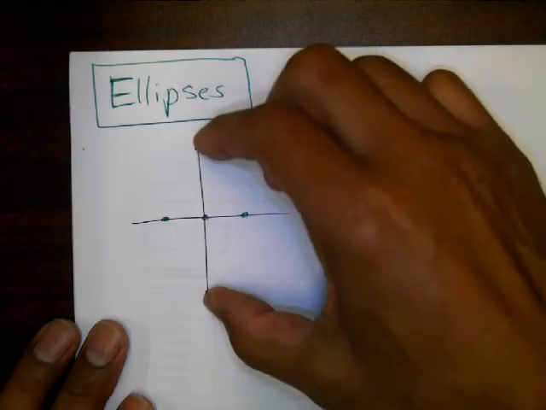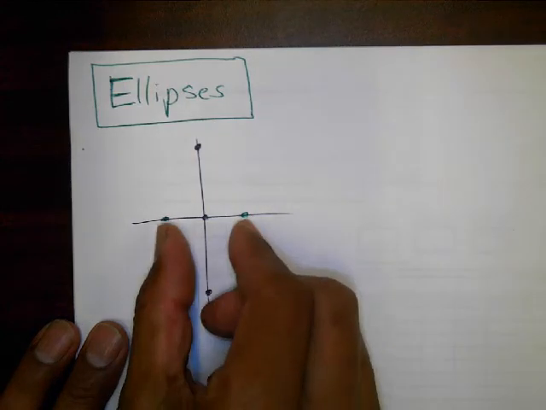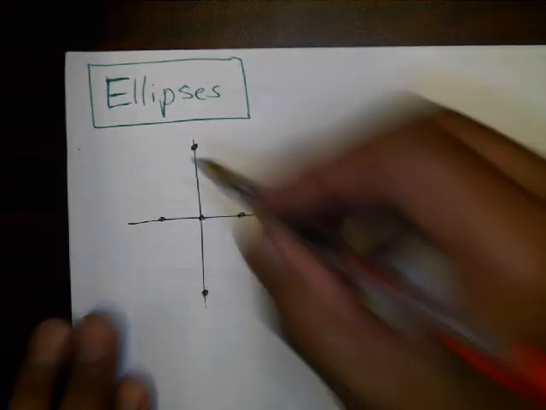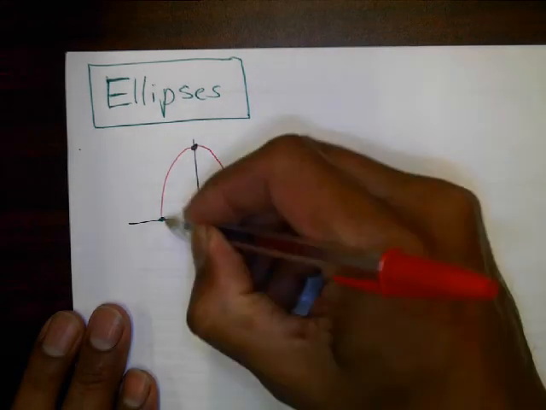So you'll have 2 points, and you'll have a longer or major axis, a longer side, and then you're going to have a shorter side. And then obviously you draw your ellipse, which looks like this elliptical shape.